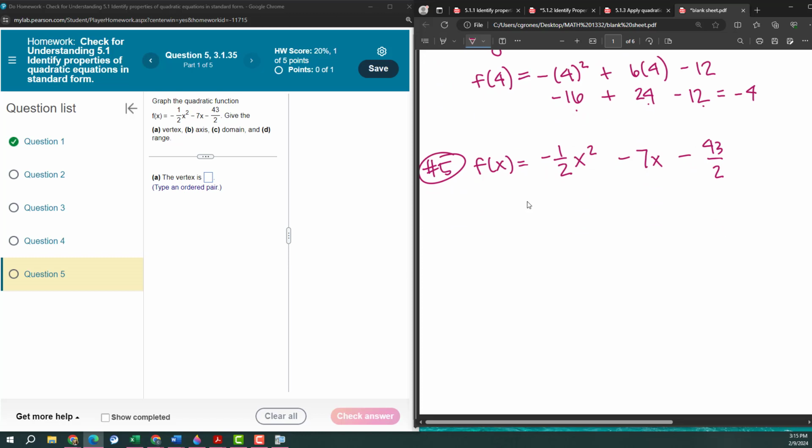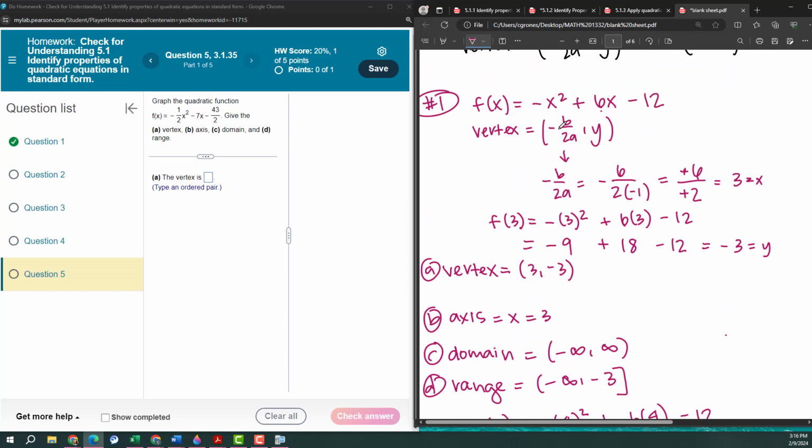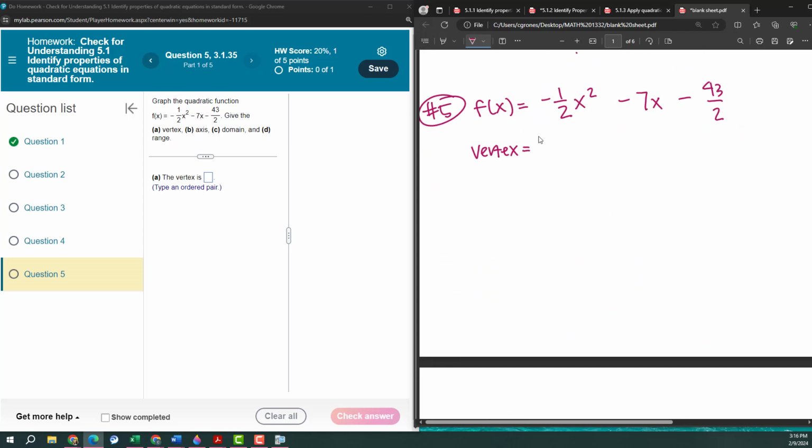So the first thing that we're going to do is find our vertex. Remember, the vertex is going to equal -b over 2a comma y. So let me rewrite that. -b over 2a comma y.